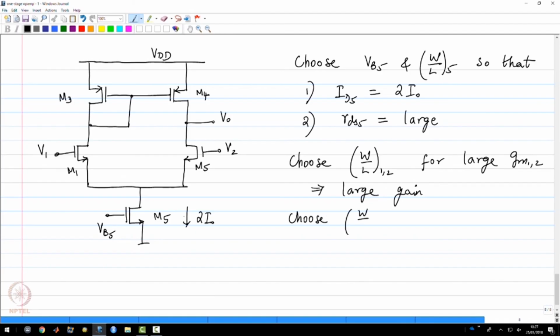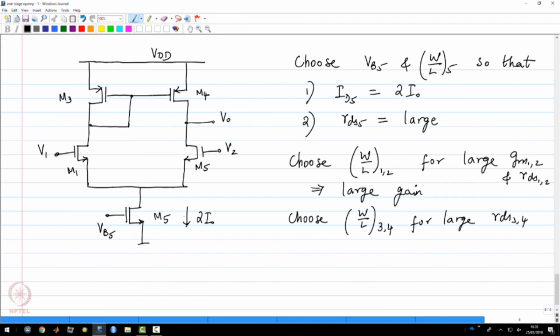We choose M3 and M4 for large RDS34. And just a reminder, we also need large RDS12 for large gain. So these are the ways in which we would choose this.